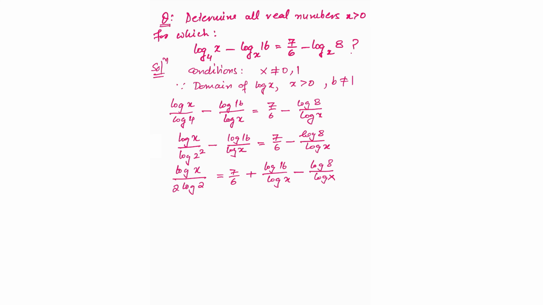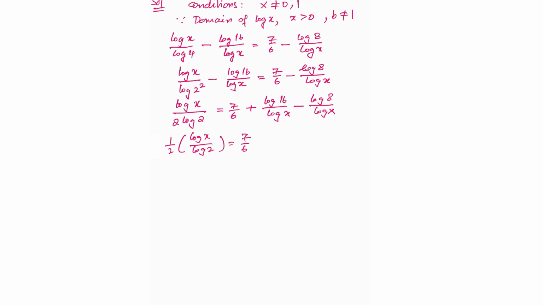That means I can rewrite it as 1 over 2 times log x over log 2 equals 7 over 6, plus, if I combine these two terms with log x as the denominator, log 16 minus log 8.